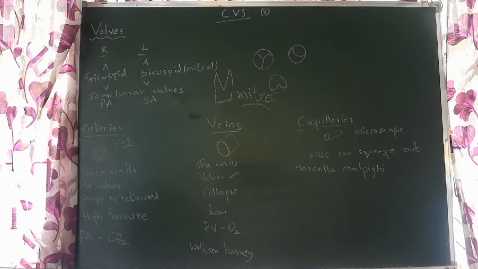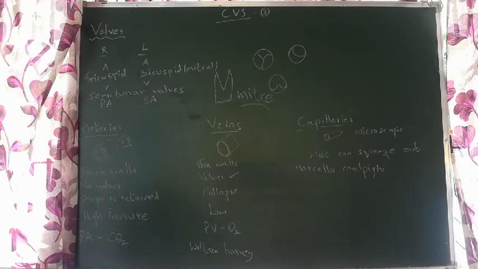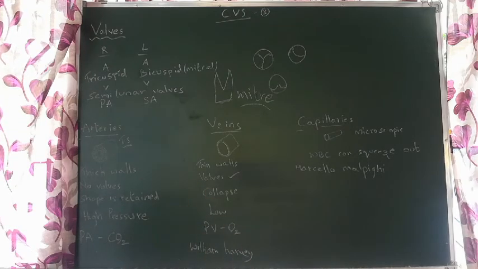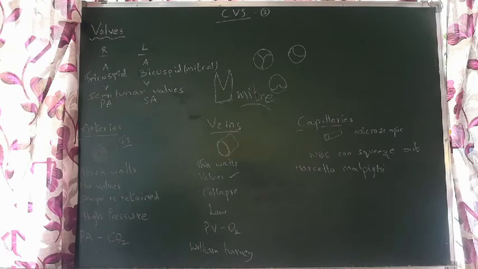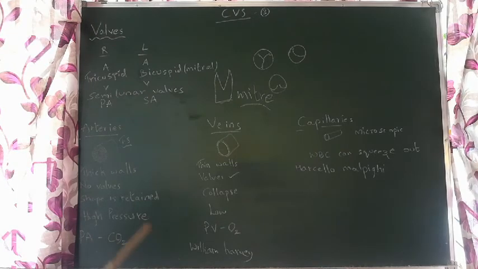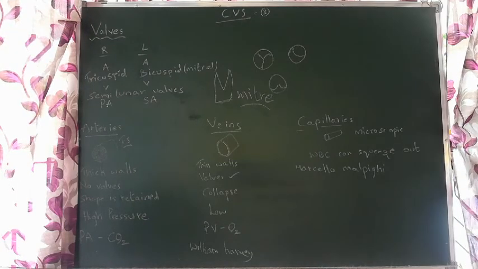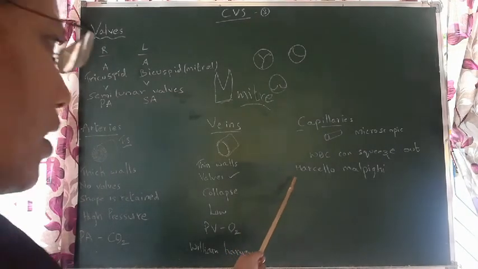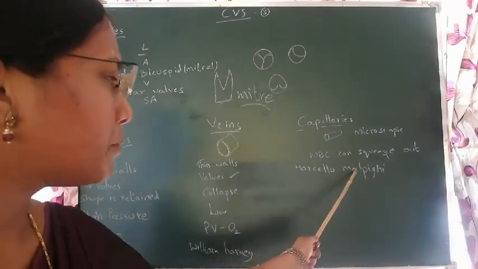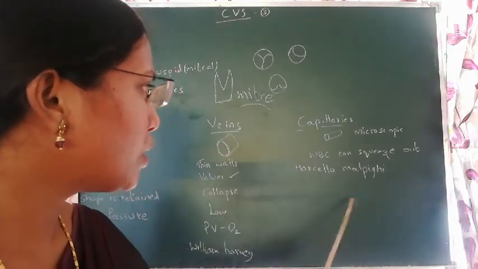In Latin, capillary means hair, capillaries means hairs, which means these capillaries are as thin as the finest of hairs. Okay. Now, who is the scientist who discovered capillaries? It is written here, Marcello Malpighi.